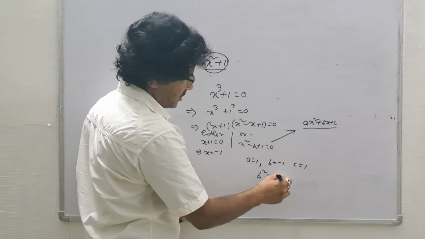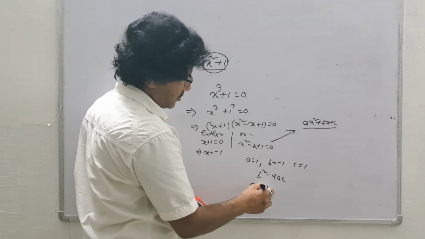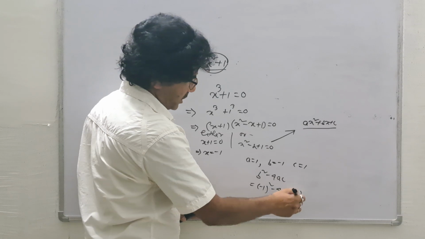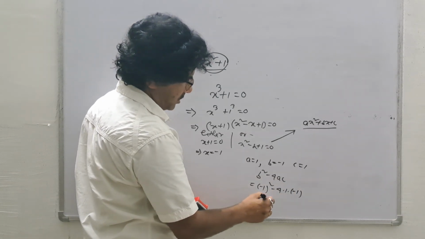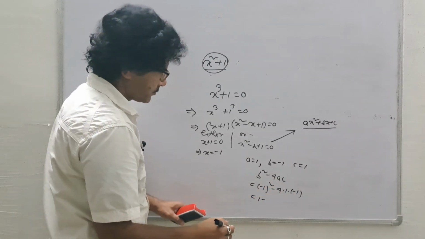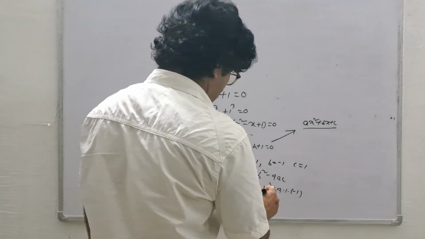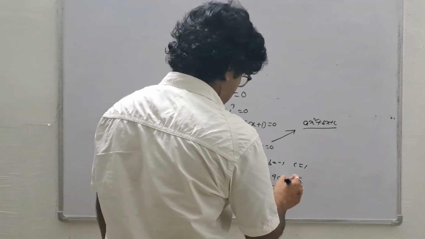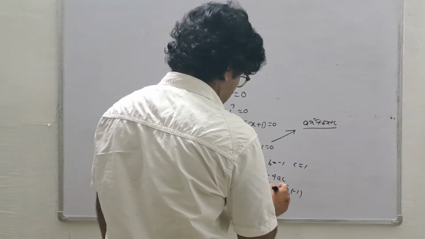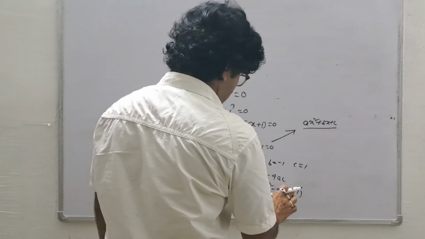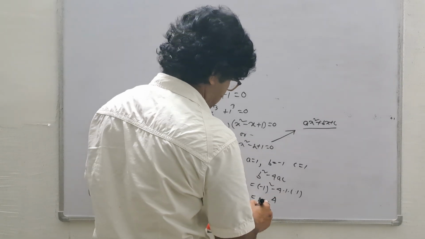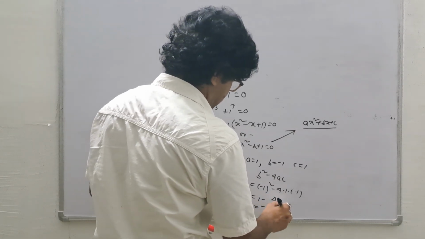B is equal to minus 1, a is equal to 1, c is equal to 1. So it is 1 minus 4, so ultimately minus 3, which is less than 0.